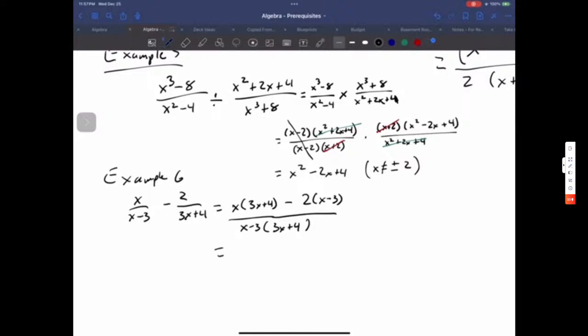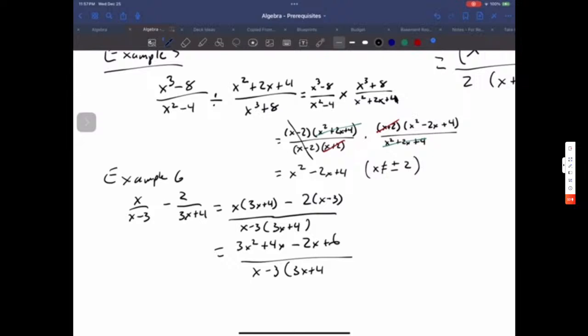That's going to be equal to 3x squared plus 4x minus 2x plus 6 over x minus 3 times 3x plus 4.